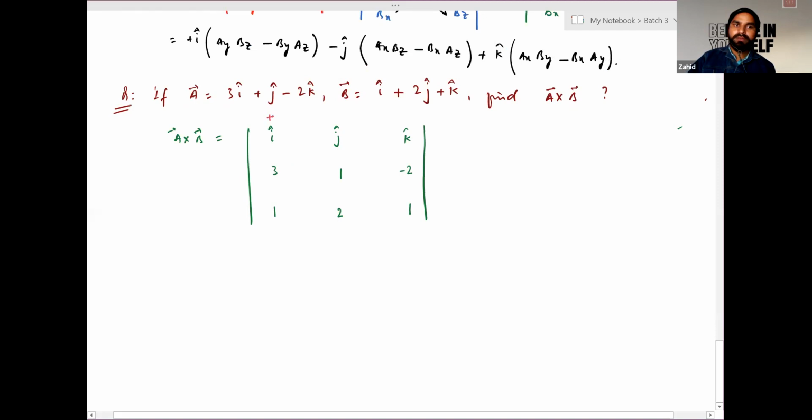I cap having position 1, 1, so it will be positive. J cap will be negative and K cap will be positive. Now expand using the above method.